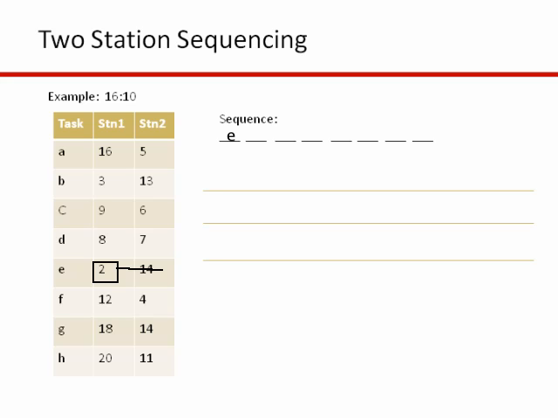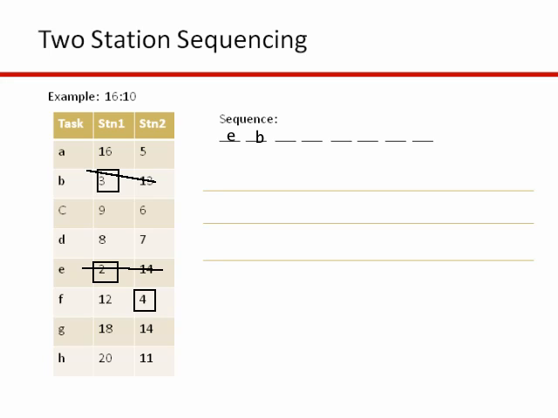And then we go and we find the next lowest. The next lowest looks like it's B. Now again, B is on the first station, so we're going to sequence it to the leftmost spot that we can, and then eliminate it from further consideration. And we just keep going along with this. Then the next lowest one looks like it's F. Now, this one is on the second station.